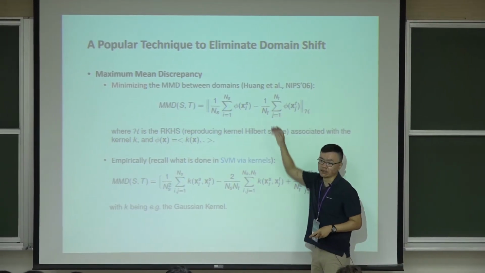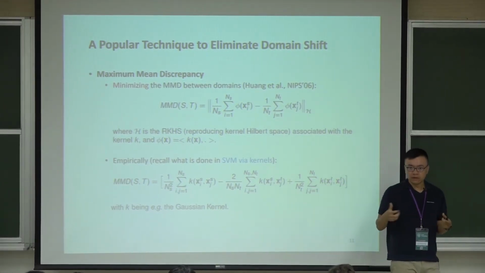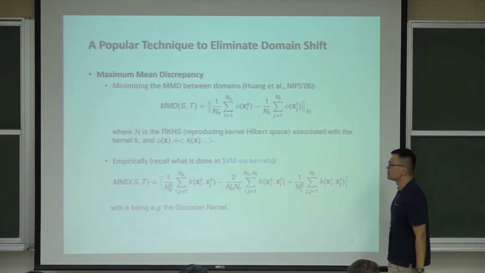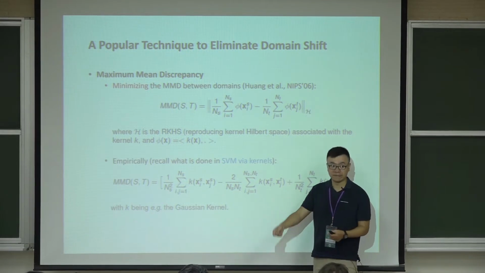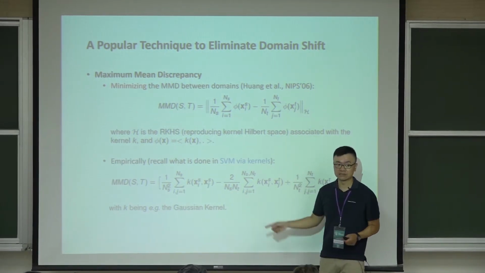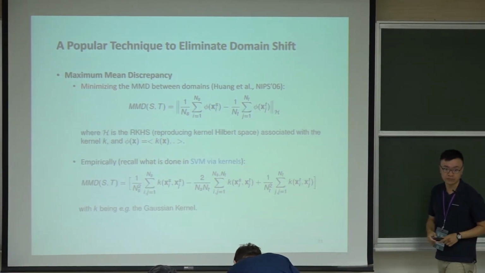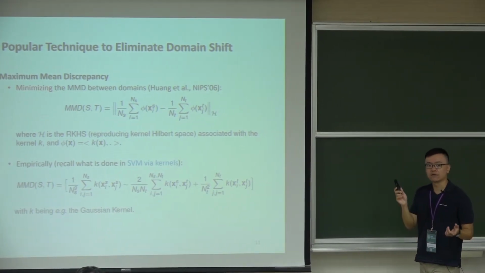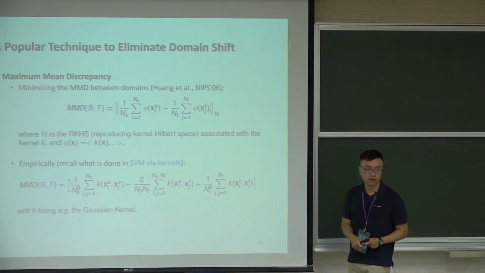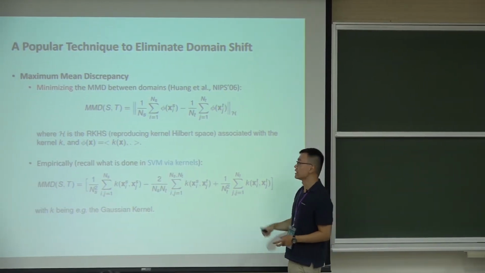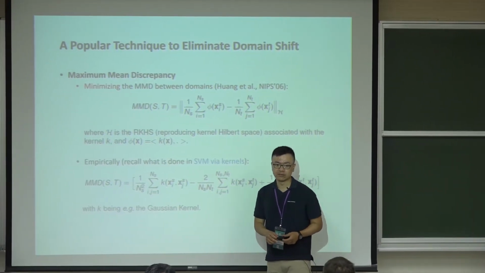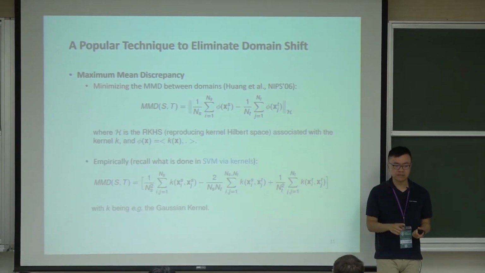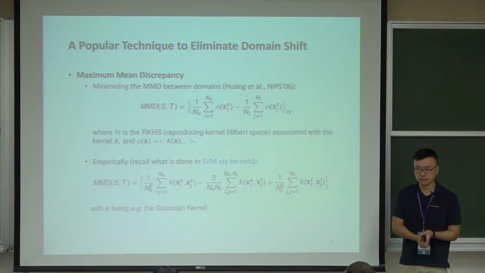So if you understand what we have been talking about, you should have an idea for the next step: why don't we also make the class-wise means close to each other as well? But of course, the next problem is, what if we have only a semi-supervised setting for the target domain data? What if we have no label information for the target domain data? In other words, what if we are dealing with semi-supervised or unsupervised domain adaptation?